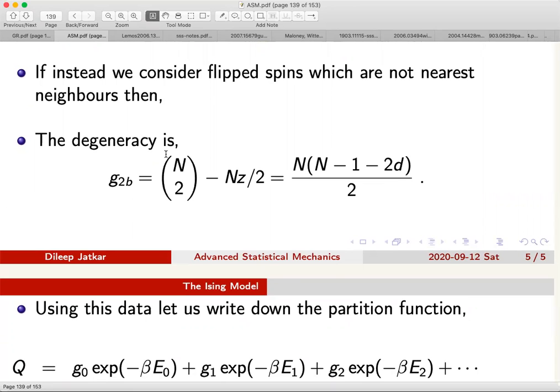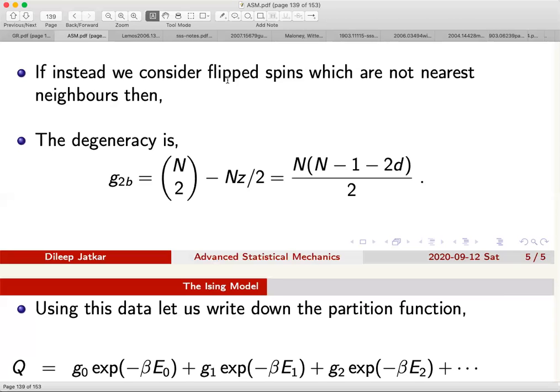But out of those n choose 2, nz by 2 are the nearest neighbor configurations which you need to subtract. So the total degeneracy for a state like that is n choose 2 minus the nearest neighbor degeneracy. You can check that this can be written in this particular form, n times (n minus 1 minus 2d) by 2. So that is the degeneracy of the double spin flip configuration when the spins are not nearest neighbors.